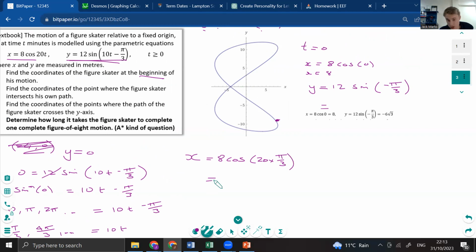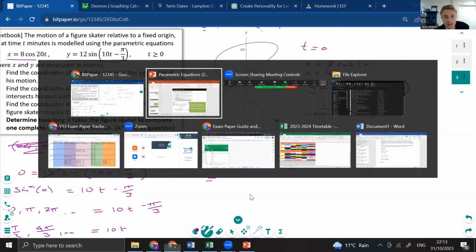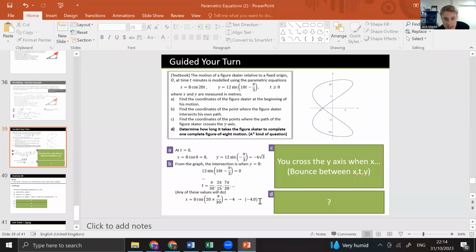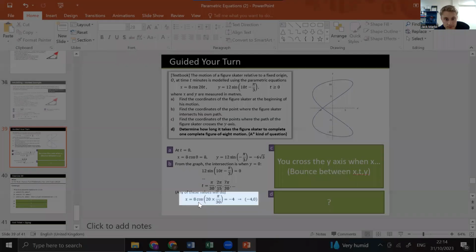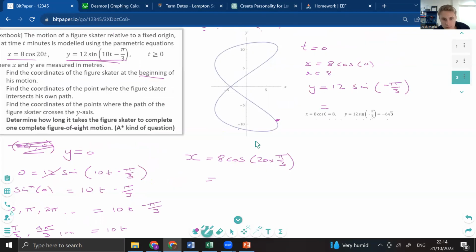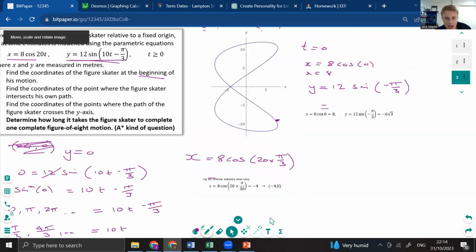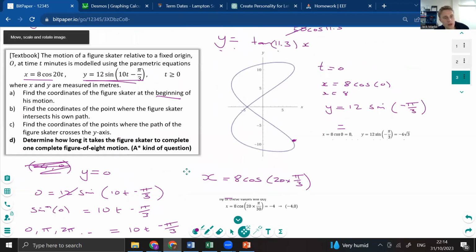And if you do that, you should end up getting, let's just double check, -4. So -4. A bit of a weird question because you can clearly see that it's -4, but imagine if there were no numbers on the axes, we would have to use the fact that y is 0.